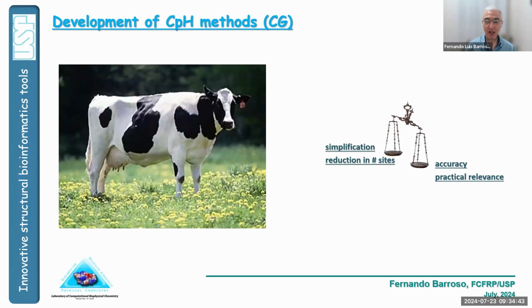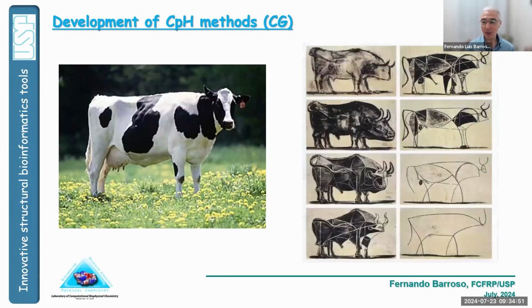So from a given cell, remember in physics we like these things, I mean, spherical cow or spherical cell, but from a given cell, there are different ways to represent it. And it's just a matter of defining what level of resolution we need in our model. Sometimes it's enough to go to this level here. Sometimes we need more details.